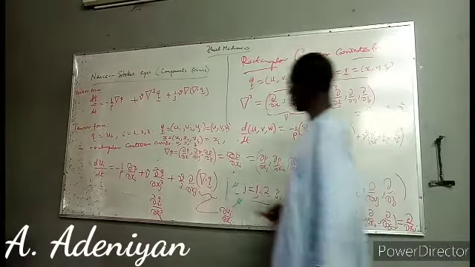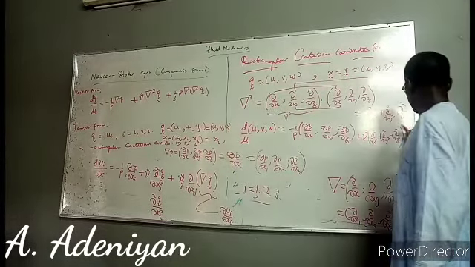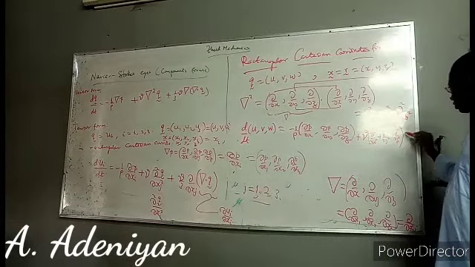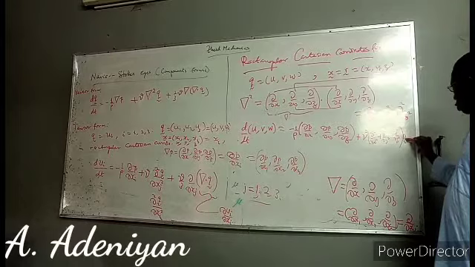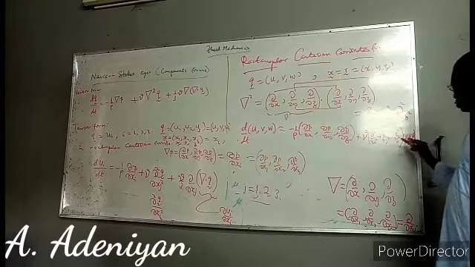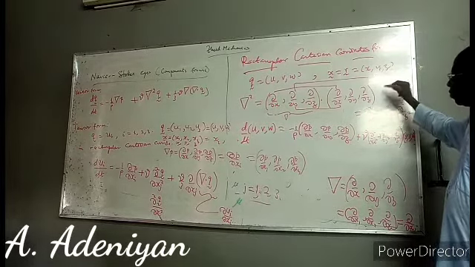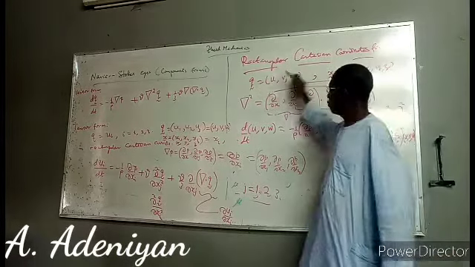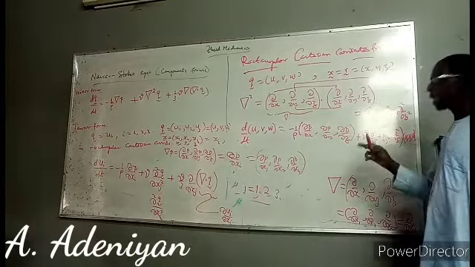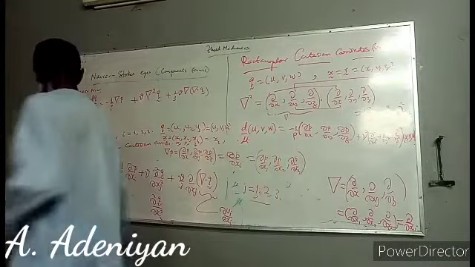Of q. But what is q? Q has how many components? It has components u, v, w, because our q is u, v, w. So I put it there. That means we can list this thing out in component form.